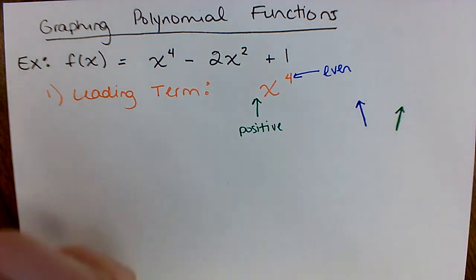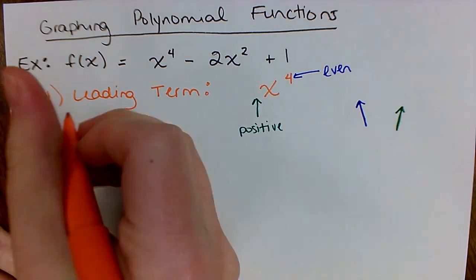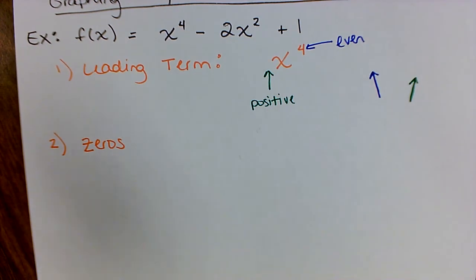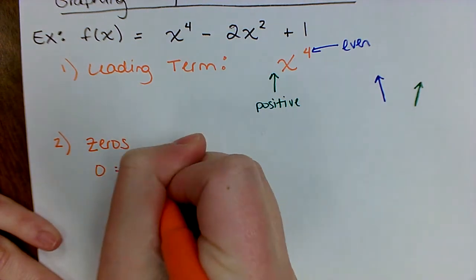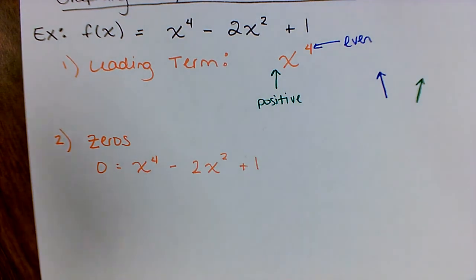Step 2 is to find your x-intercepts or your zeros. We find our x-intercepts or our zeros by setting our function equal to 0. So 0 equals x to the 4th minus 2x squared plus 1.